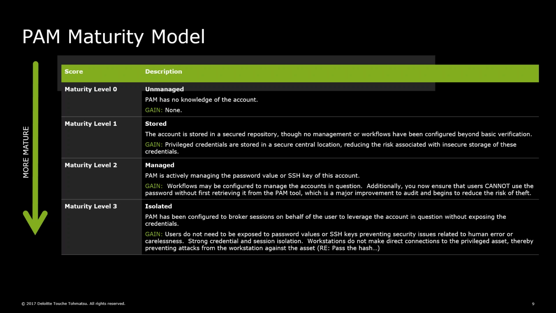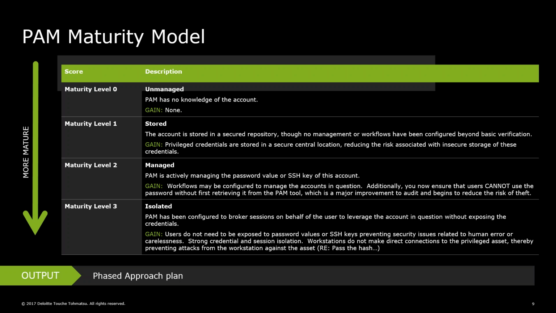You can even implement a one-time password policy and keep changing the password whenever somebody retrieves it. Maturity level 3 is isolation. It's introducing this proxy which allows you to connect transparently to the target device. So that's even more detailed than what I introduced in the former slide.